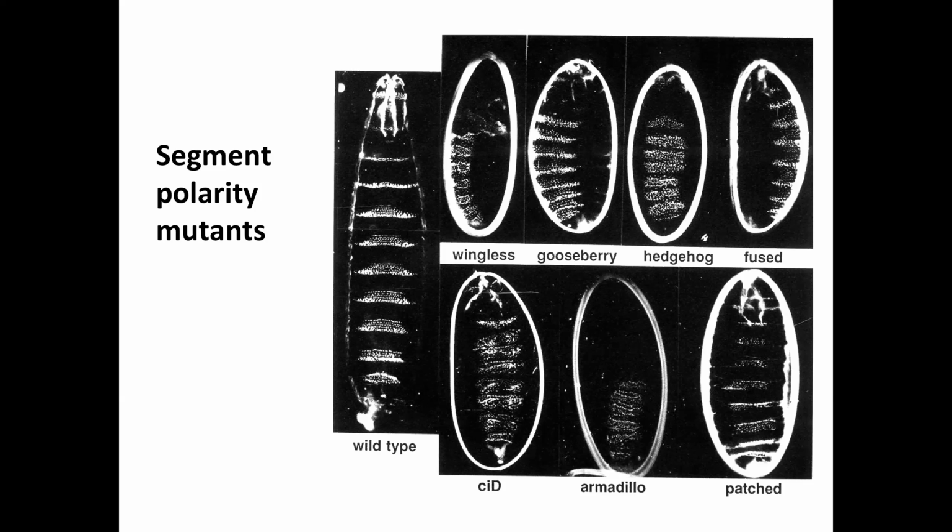The first one, broad segments are missing. The second one, every other segment is missing. And in the third one, which is the segment polarity, the segments are there, but either the segments have their front missing or their back missing.